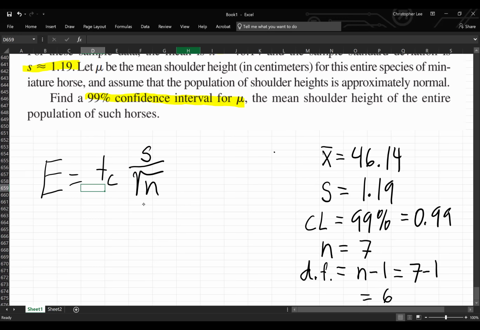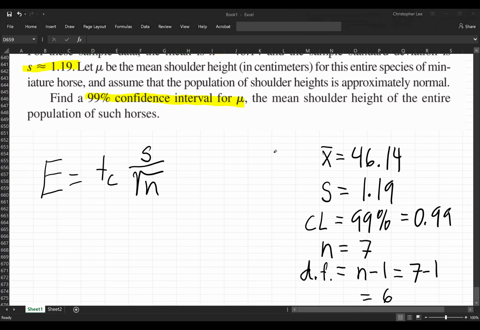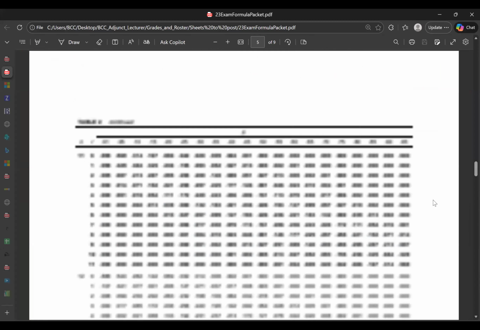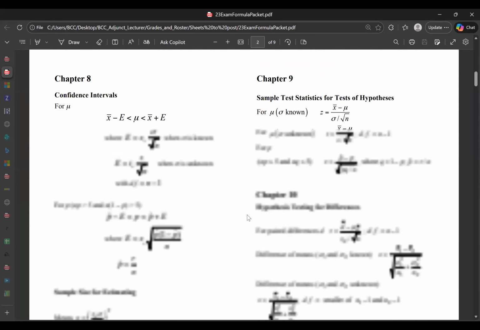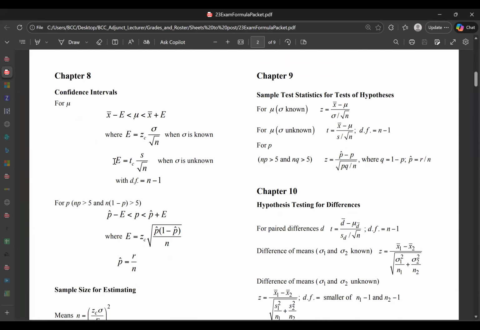You might be wondering if I'm making all of this up. I'm not. It's on the formula sheet. Let me show y'all. I turn to the next page in chapter 8. Here we go.